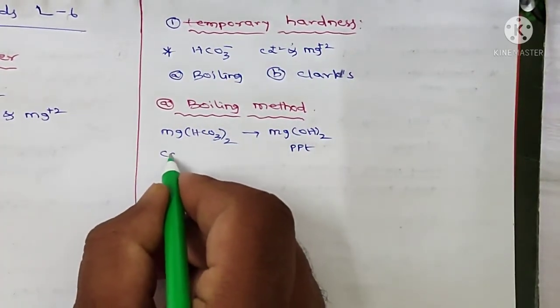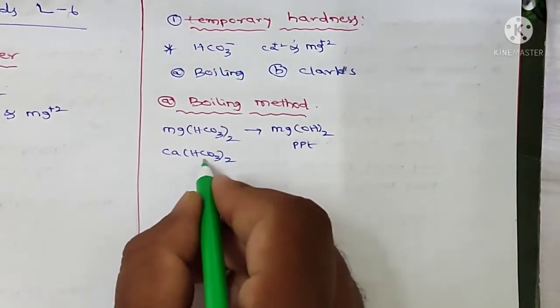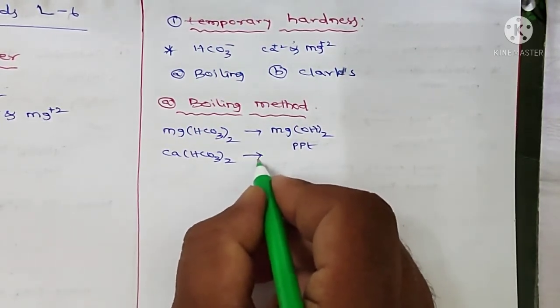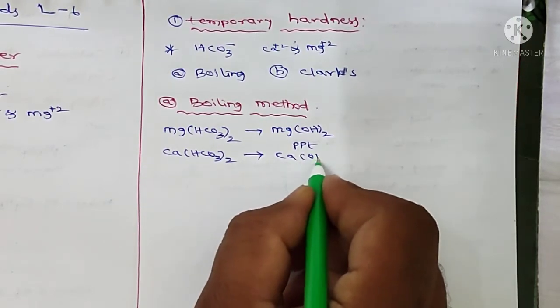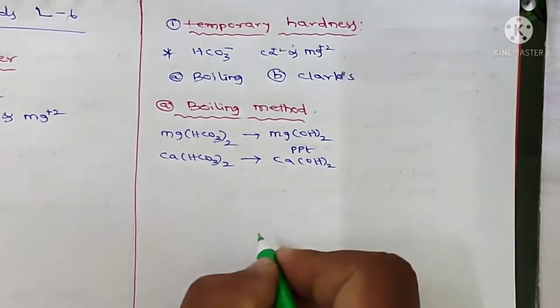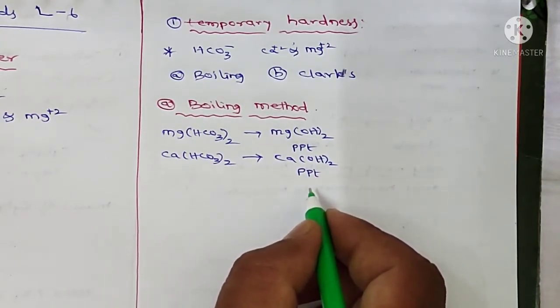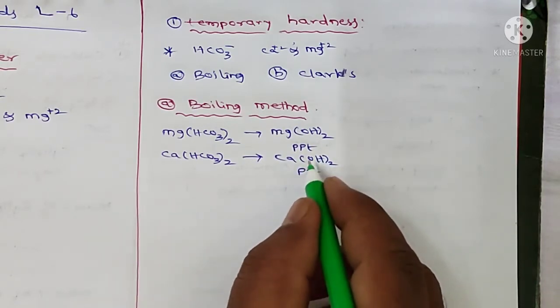And the soluble calcium bicarbonate is converted into insoluble calcium hydroxide. It is also a PPT in the water. So these PPTs are removed by the filtration.